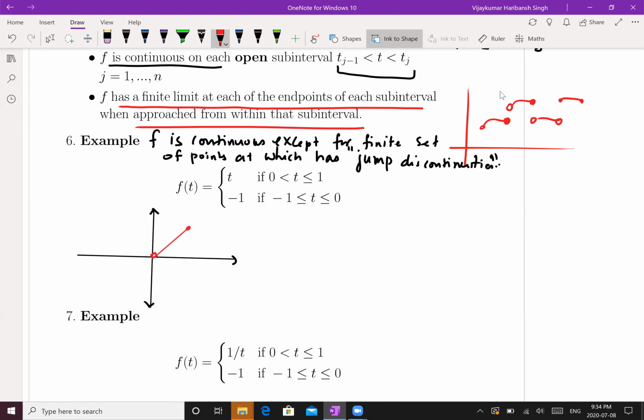And from -1 to 0, it is constant -1. So these points are included. So this is -1 until 0, and then to this point. So this function is piecewise continuous.